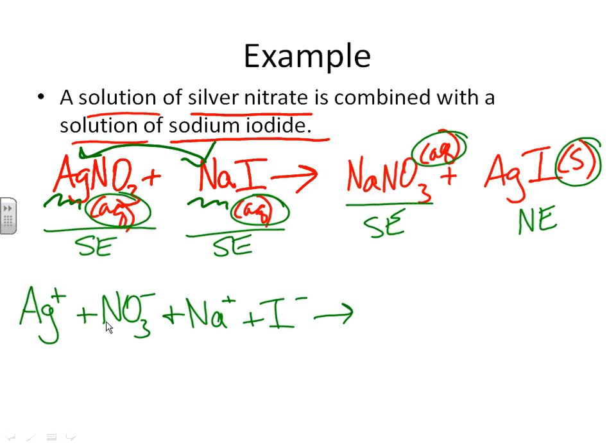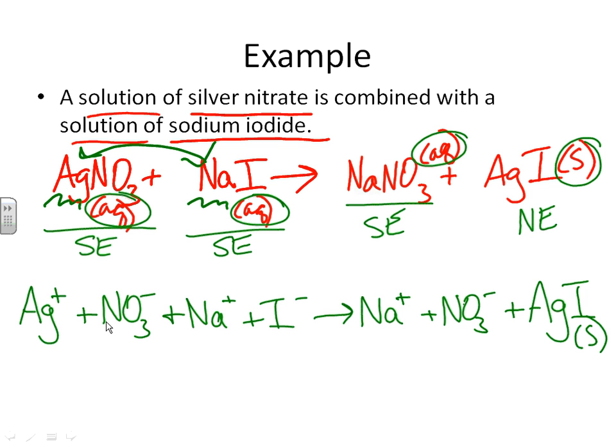Again, just one of each, so we're good. Sodium nitrate, what are the two ions? Sodium and nitrate. And we've got the silver iodide. We identified that as a solid, so we do not touch it. We're going to keep that one together. As I was saying in AP Chemistry, keep it together, people.